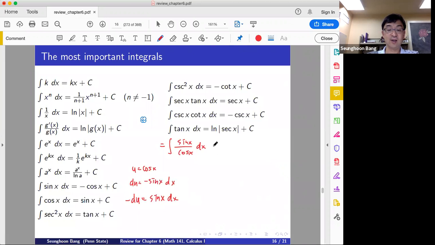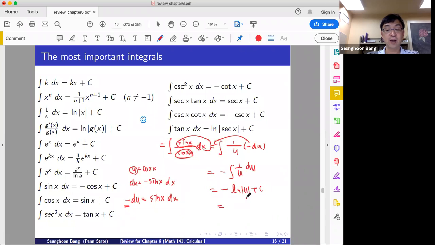Like this. So we have the integral of 1 over u, since cosine x is u, and sine x dx is negative du. Take out the negative 1, minus the integral of 1 over u du, which is negative ln of the absolute value of u plus c.